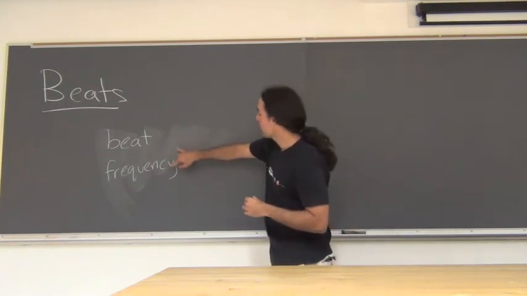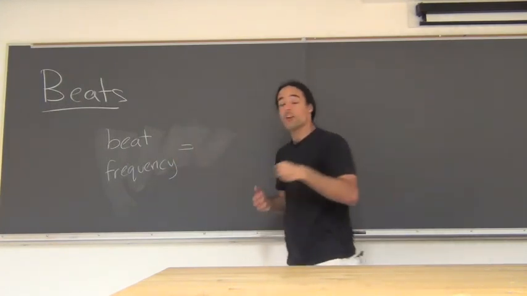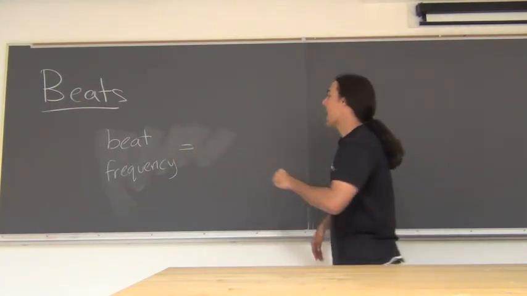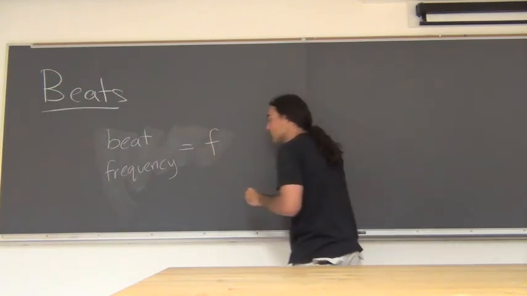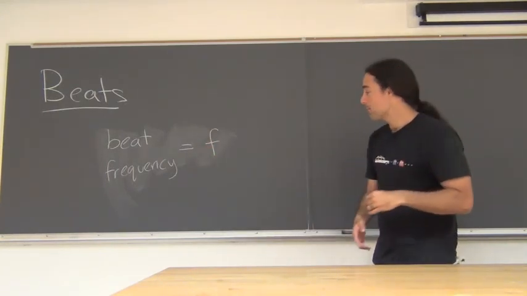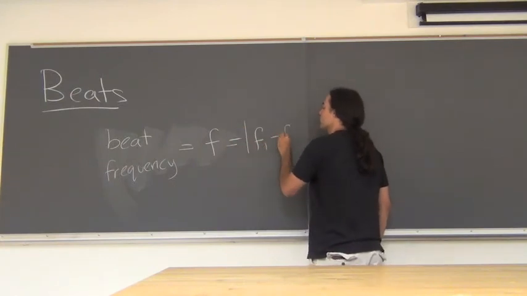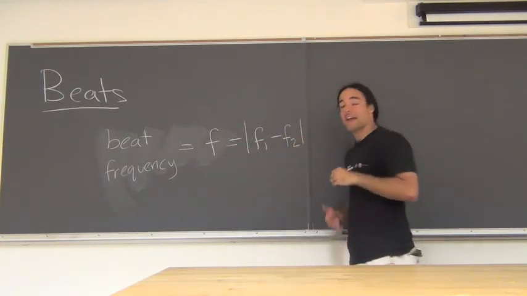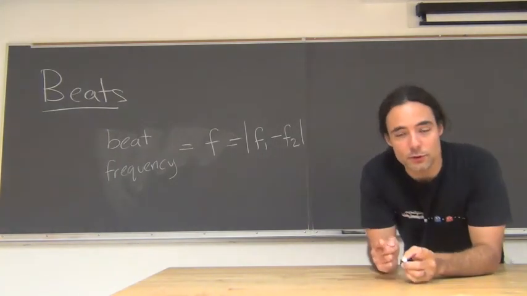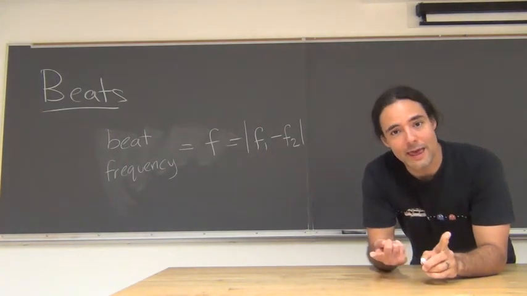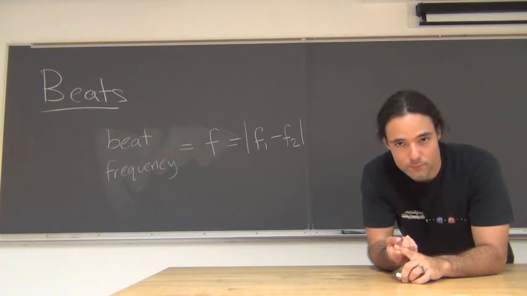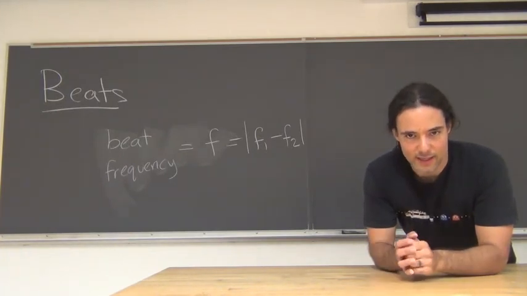When you hear beats, the beats come in at a certain frequency. I'm going to call that frequency F. The only thing that F depends on is the difference between those two frequencies. In fact, the beat frequency is exactly equal to the difference between the frequency of sound 1 and the frequency of sound 2. Why is that exactly?